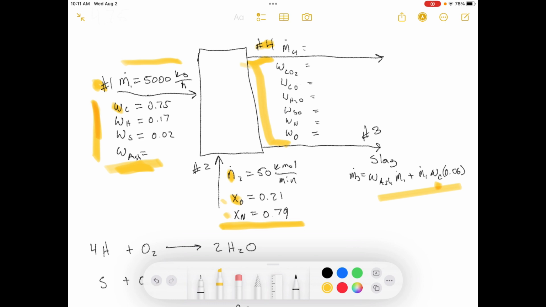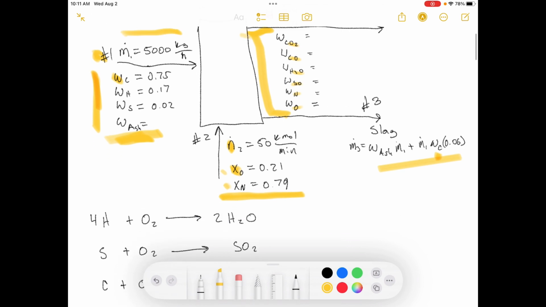So we've got carbon dioxide, carbon monoxide, water, sulfur dioxide, nitrogen, and a little bit of excess oxygen that doesn't get burned. It's really important to note that not all of the oxygen is used up.